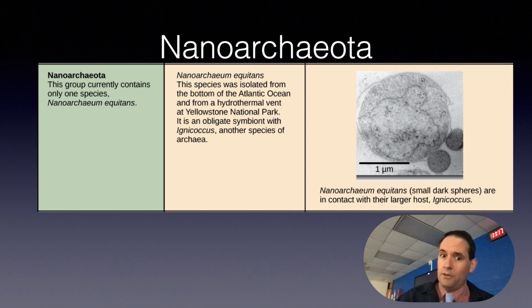Well, it would still be a class, and you wouldn't know what the typical student looked like because there's just one person in there. It's you. This is it. Okay. It's isolated from the bottom of the Atlantic Ocean from a hydrothermal vent, and it needs a symbiotic host cell to survive with, so extremely difficult to grow.